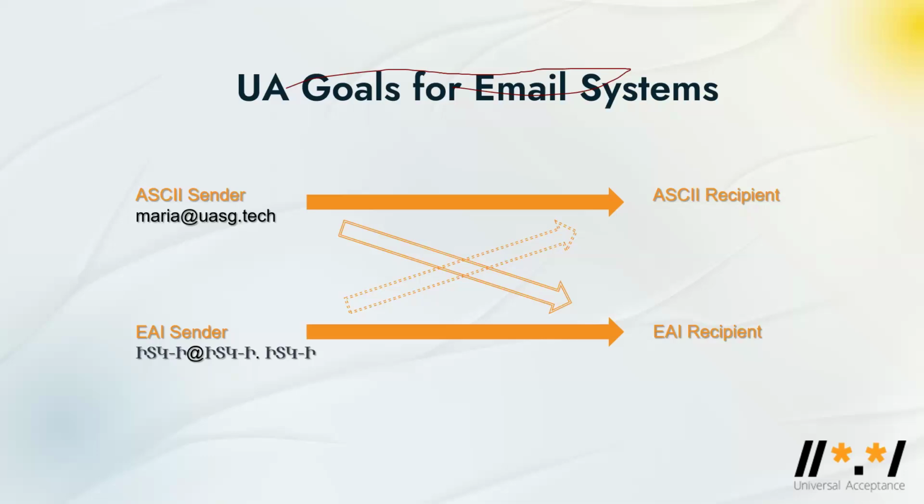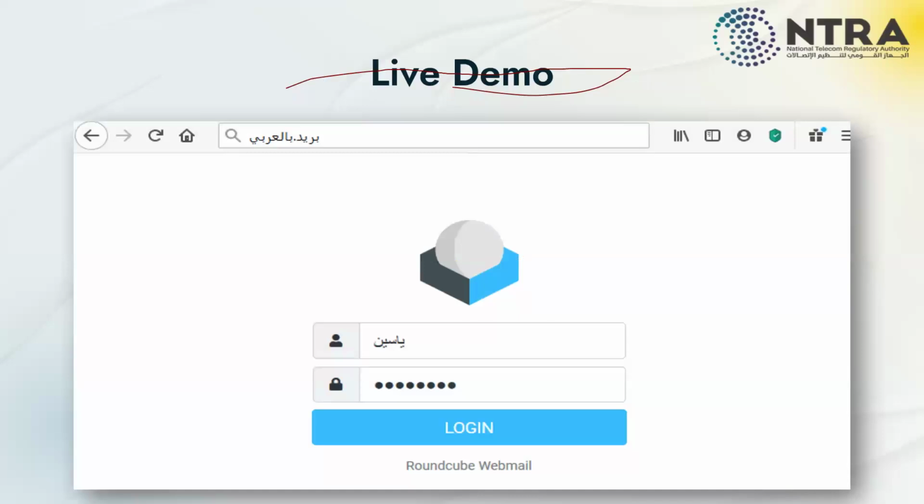And me, with my Arabic email address, I could send to English email addresses and also to other languages' email addresses. That is the UA goal for email systems. This is one of the demos of how to make your application and your email environment universally accepted, or EAI ready.